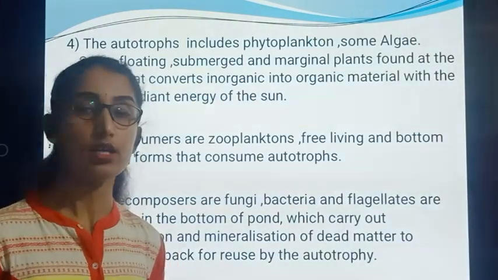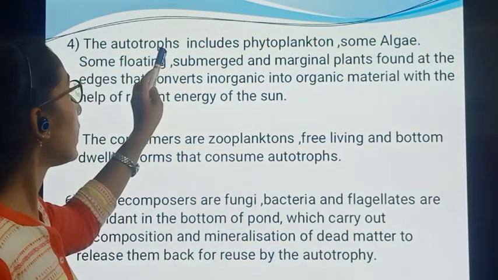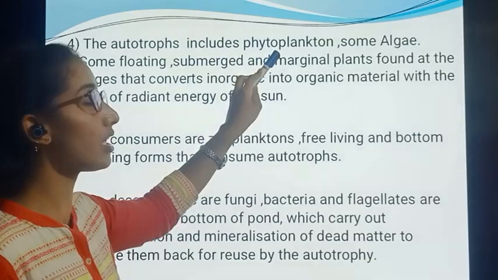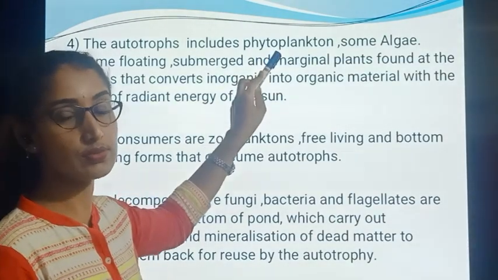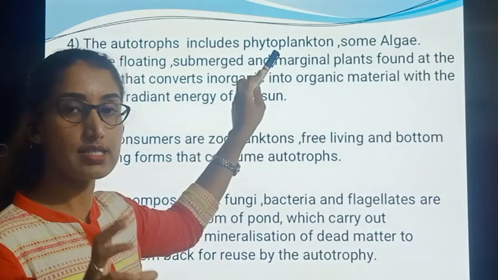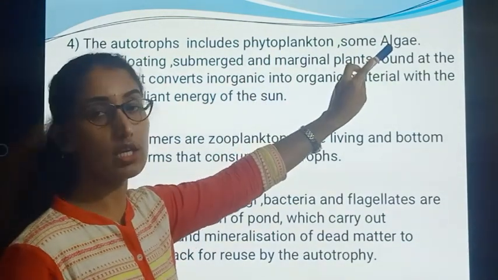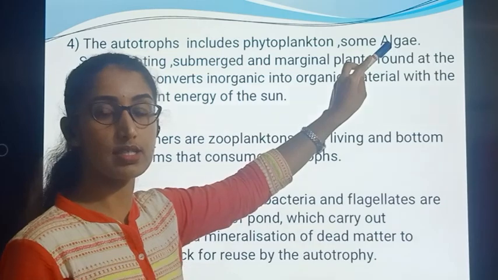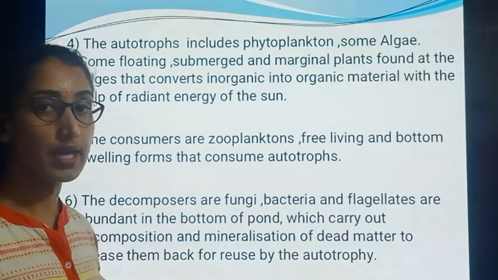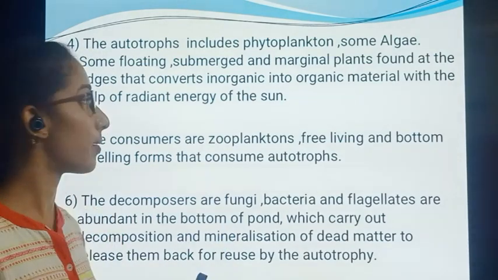The point is so clear. Many of the autotrophs are considered phytoplanktons, which are nothing but the aquatic plants or some of the algae present in the pond ecosystem. They are the major producers.